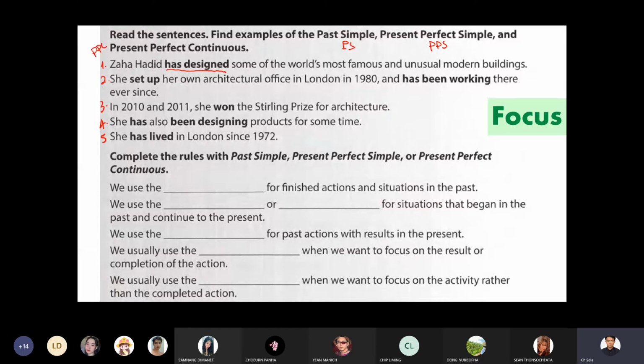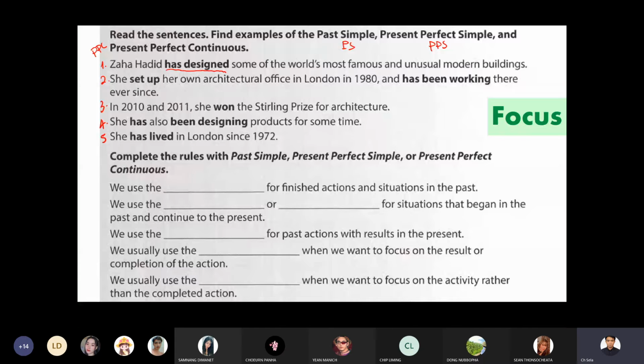Number 2, she set up her own architectural office in London in 1990 and has been working there ever since. Number 3, in 2011, she won the Stirling Prize for Architecture. Number 4, she has also been designing products for some time. Number 5, she has lived in London since 1972. Okay, now we can check this one together.